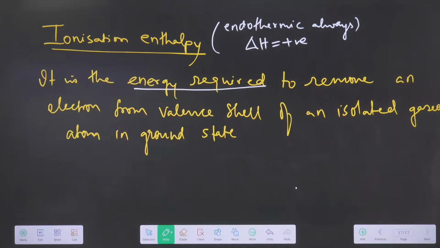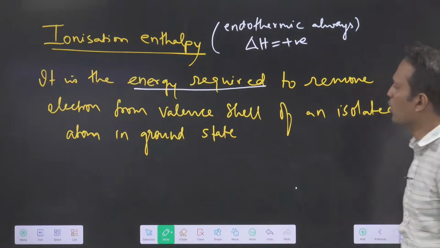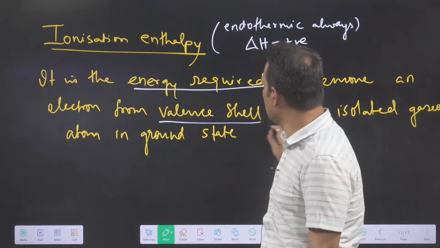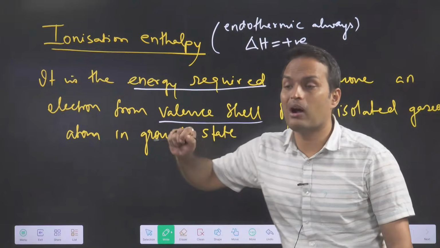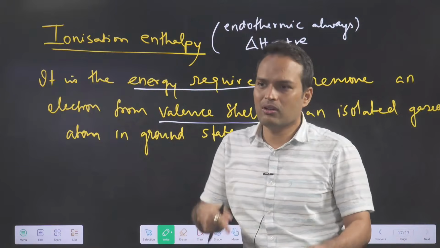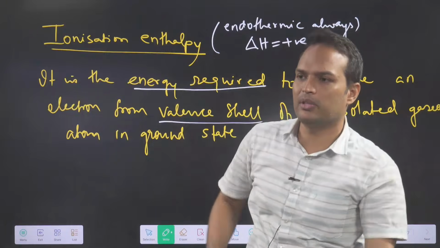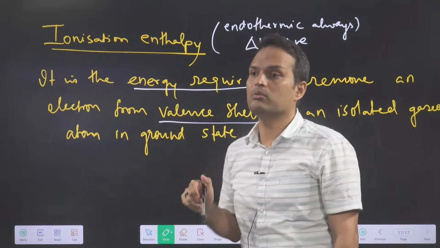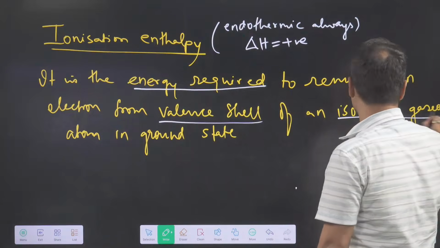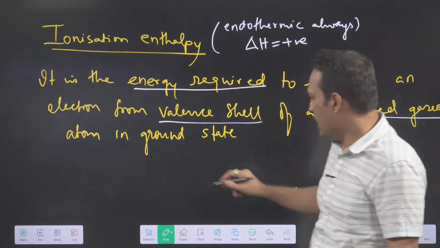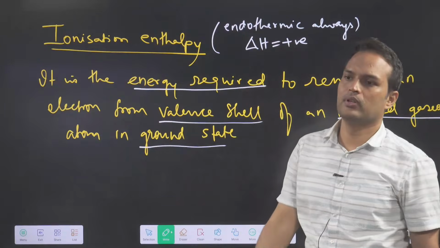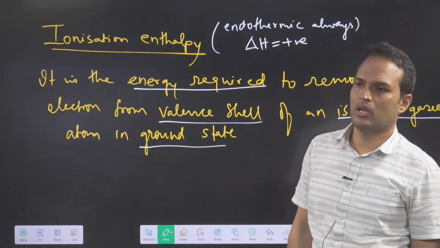Positive. Clear? To remove an electron, from where will you remove the electron? Valence shell, from the outermost shell. It is not like you are going near the nucleus and removing from there. From the outermost shell. Isolated gaseous atom should be there. And it should be in what? Ground state. So 4 words are important.